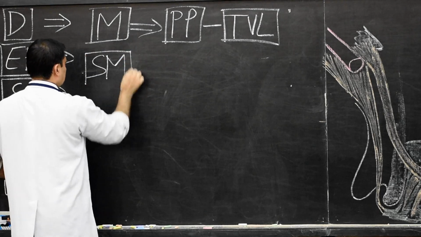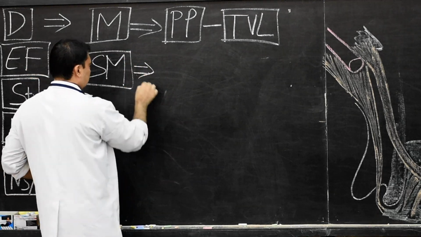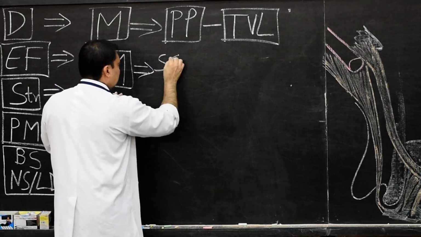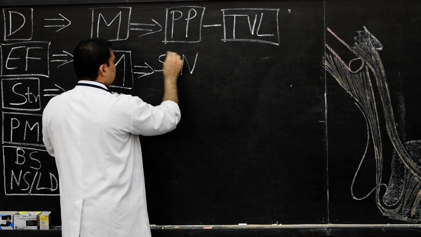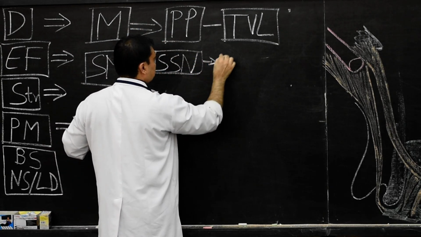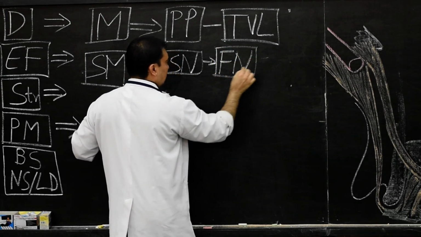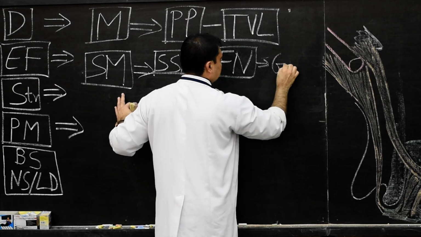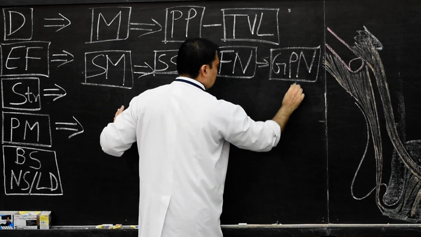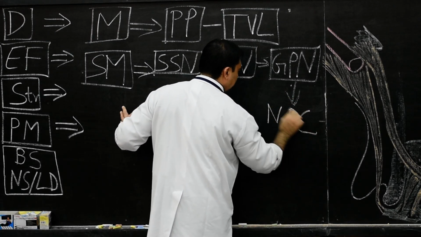secretomotor nerve fibers. Here also, a flow chart. These secretomotor nerve fibers, that is parasympathetic, pass from the superior salivatory nucleus in the brain through the facial nerve. From the facial nerve, a branch, the greater petrosal nerve, passes into the nerve to pterygoid canal.